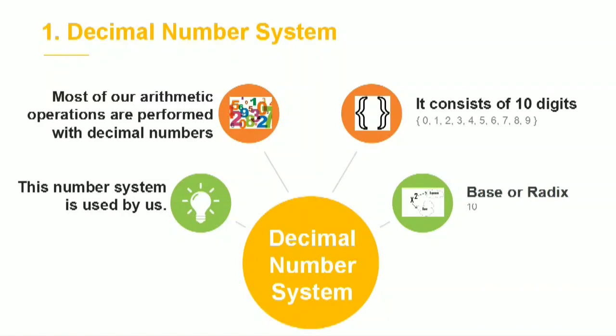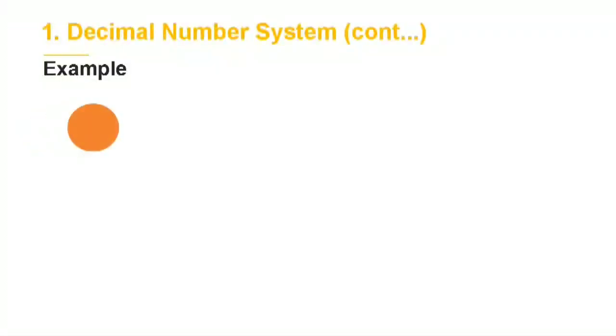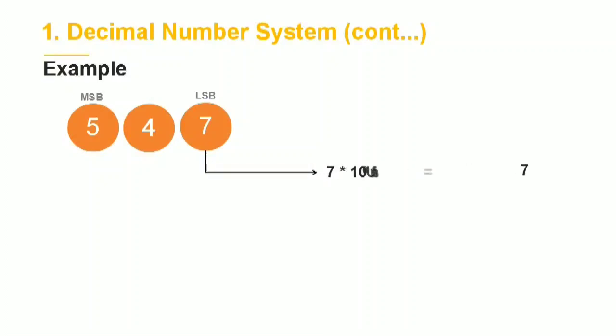Now let us understand with the help of example. See, I have a number 547. As 7 is rightmost bit it is known as LSB. 5 is leftmost bit, that is why it is known as MSB. This is simple maths. The positional value of each digit increases 10 folds as we move from right to left.